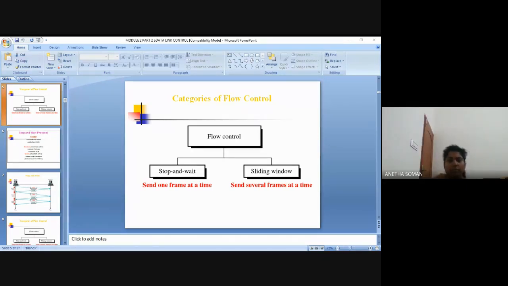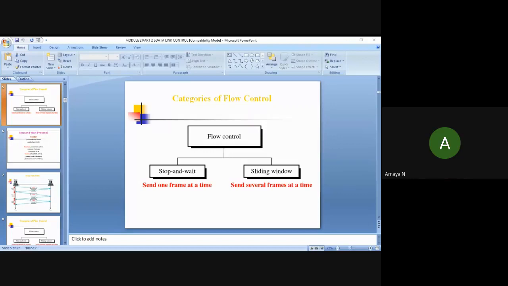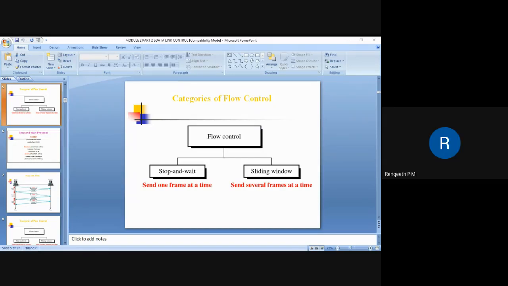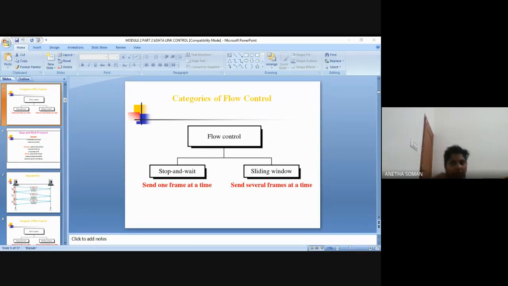Shruti. Latecomers Afla C and Amaya, present, ma'am. Jyotish, present, miss. Present, miss. Nachiket, present, present. Nachiket, Rangeet. Okay, Vaishna and Vaishnav. Okay, we'll start.